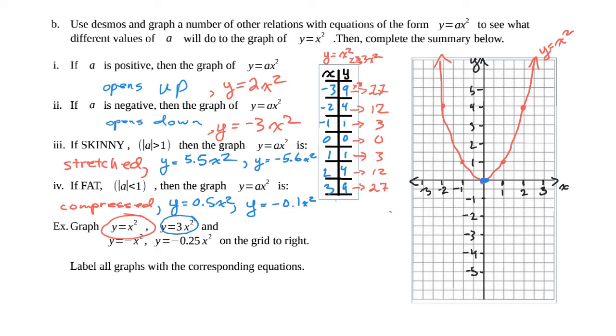So now we go over 1 and then we go up exactly 3 spots. And then for 2, instead of 4, we'd have to go all the way to 12, which is way off of this graph. So we'll just stop there. We've got our basic graph. And now all we do is connect the dots.